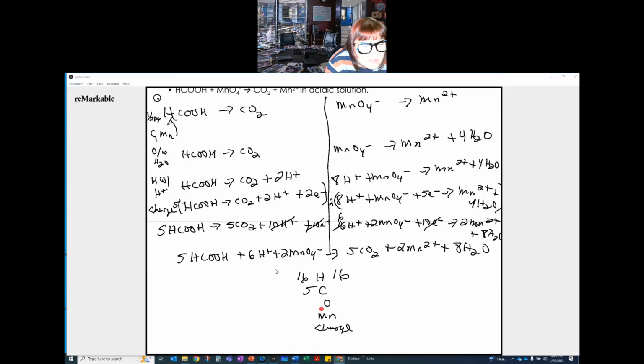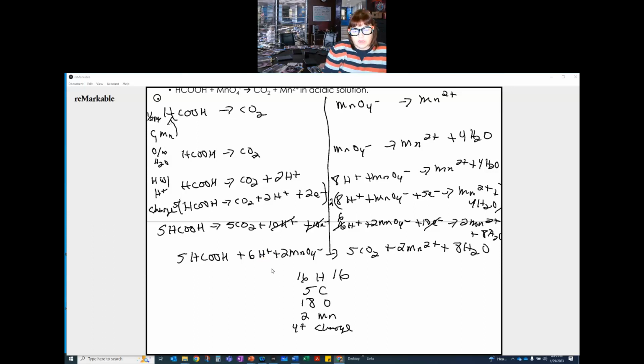I have 2 oxygens in this molecule, 2 oxygens times 5 is 10, plus the 4 times 2 is 8. So 18 oxygen. And I have 2 Mn. Total charge: I have 6 plus minus 2. That gives me 4+.